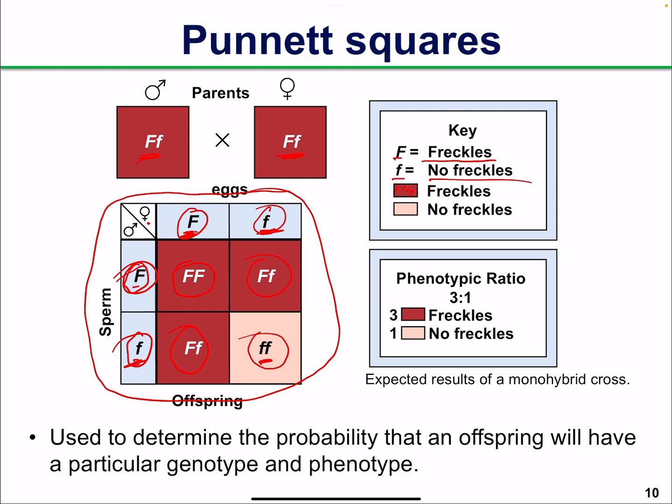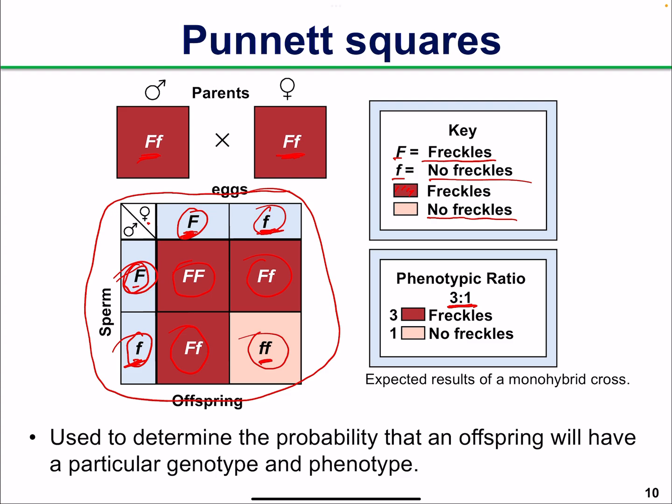When the square is not shaded, it's no freckles. Now, in terms of phenotypes, we're going to have a phenotypic ratio that is 3:1. 3 individuals with freckles, 1 individual without freckles. All right? So that's the phenotypic ratio.